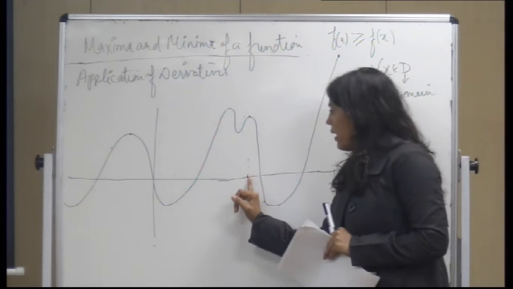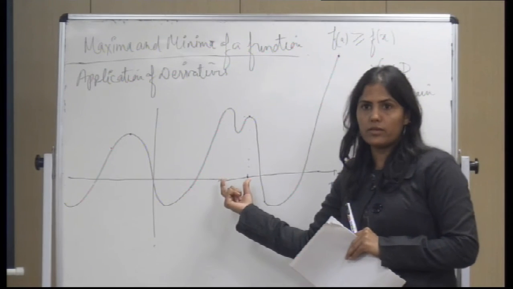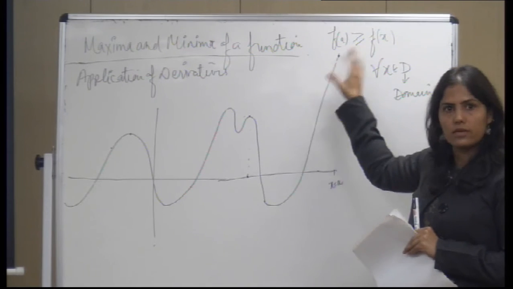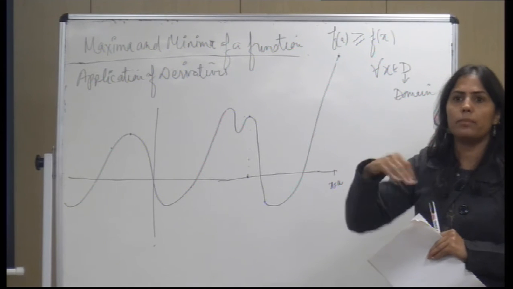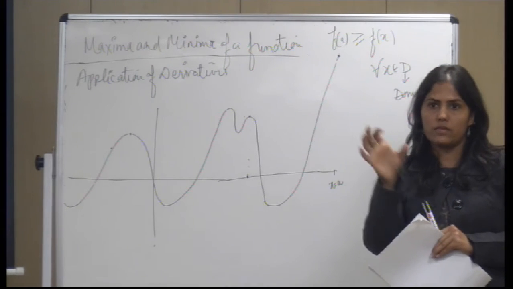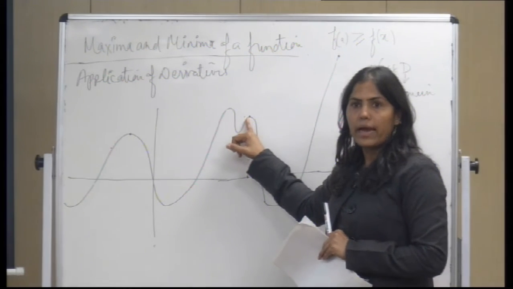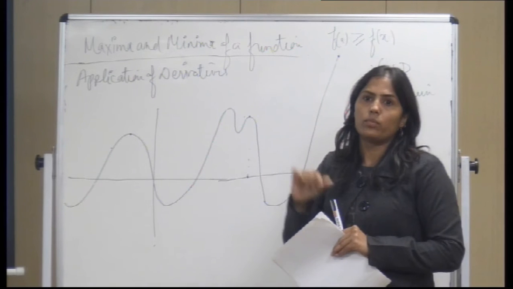At this point the function has maximum value in a particular interval. Basically on the complete domain we have one global maximum, but in certain intervals we have other maximum values also. So this is the maximum value. At this point the derivative will be 0.